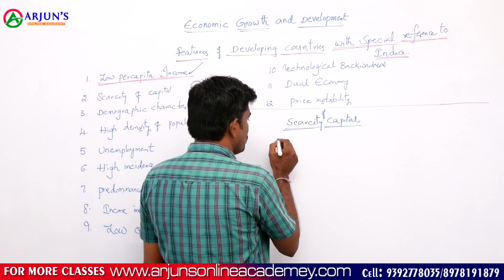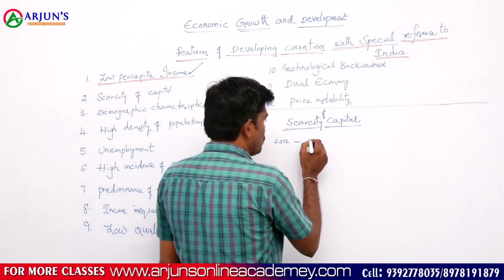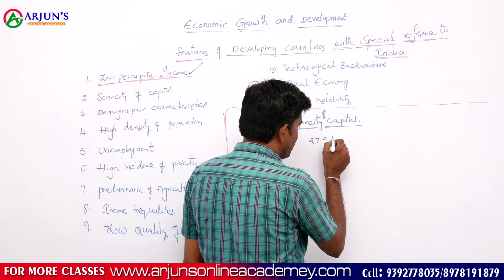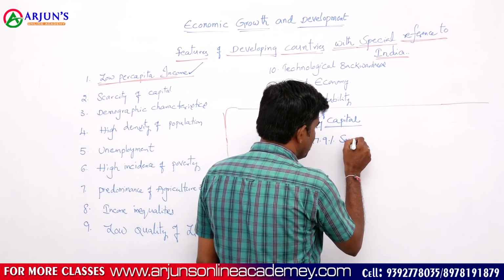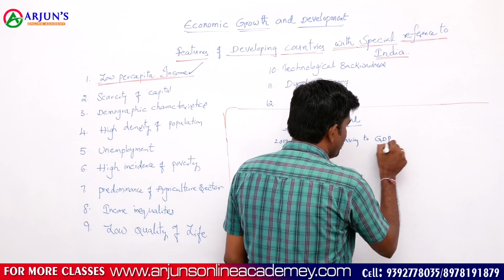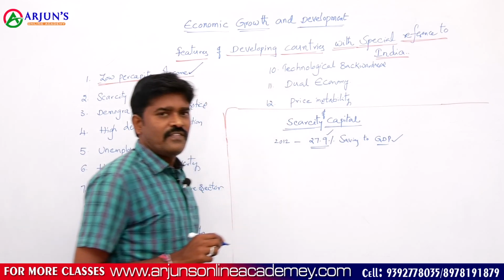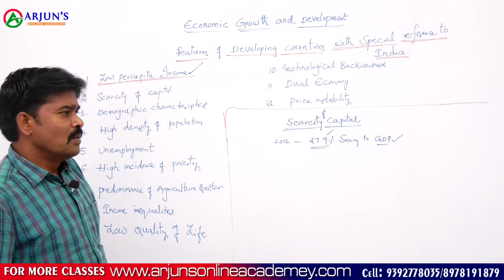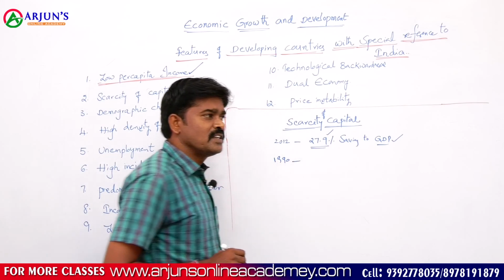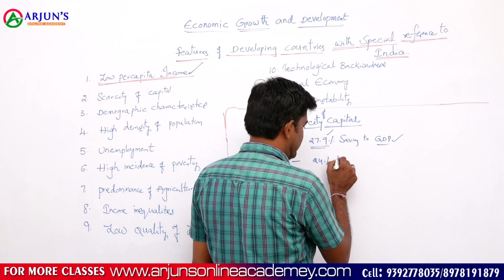As per the 2012 reports, the saving ratio is only 27.9% of GDP. In our GDP, only 27.9% is the saving ratio. In 1990, as per purchasing power parity, it was 20% of GDP.